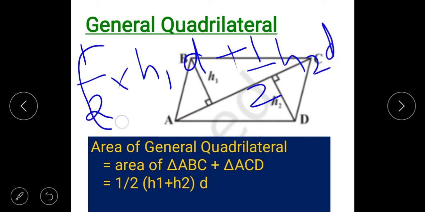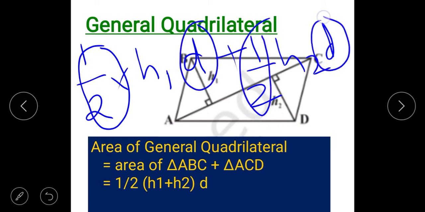Now take this half and this diagonal as common. What will you get? You will get half D in bracket h1 plus h2. Okay, you can write this diagonal here or here also.